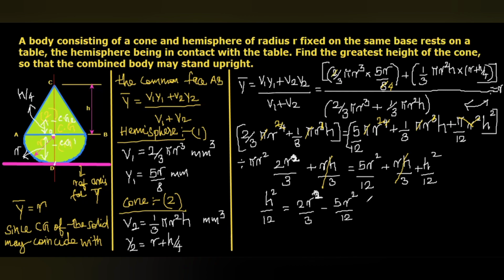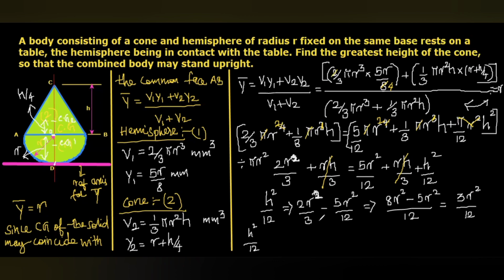So if you multiply 2r square by 4, that is 8r square minus 5r square, whole divided by 12. Then we can write the top as 3r square divided by 12. So h square by 12 is 3r square by 12, so we can cancel this 12 and 12.